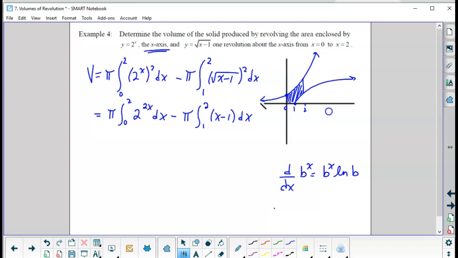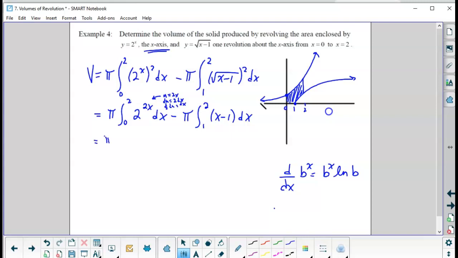You're just going to have a factor of 1/2 out front if you remember that. So it's totally up to you. You could go, okay, u equals 2x, du equals 2 dx, so a half du equals dx.